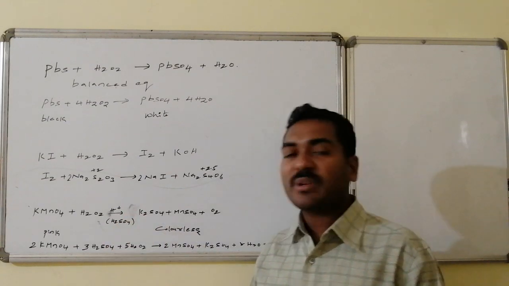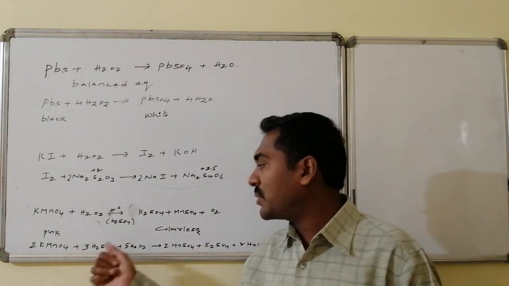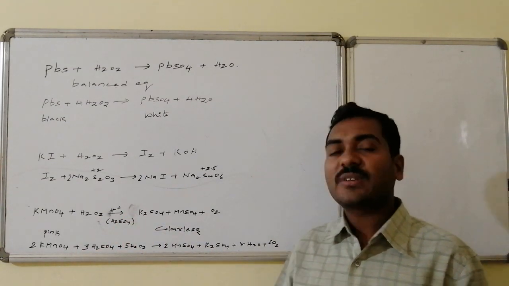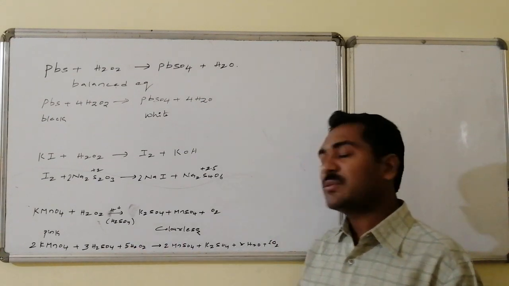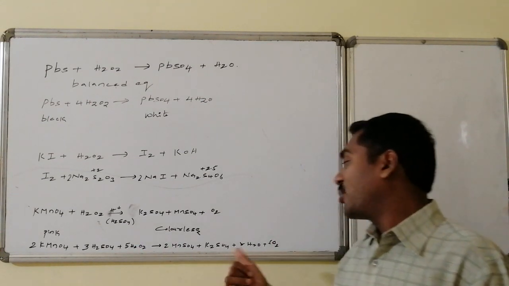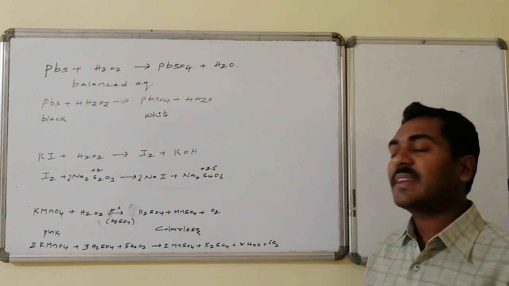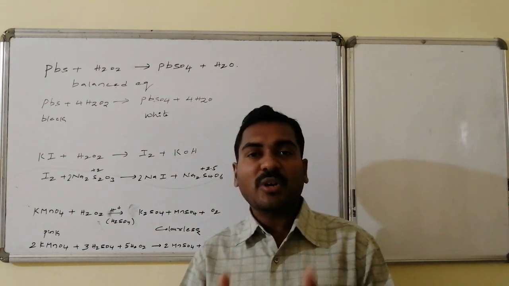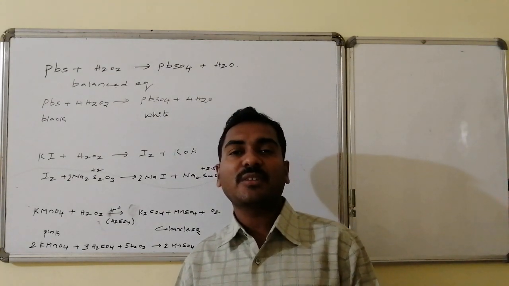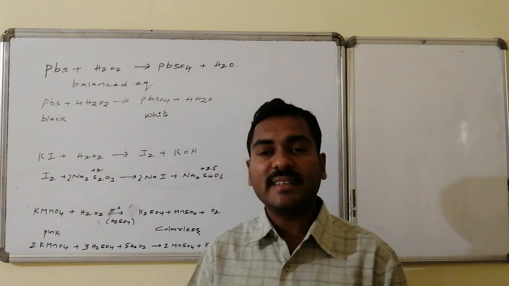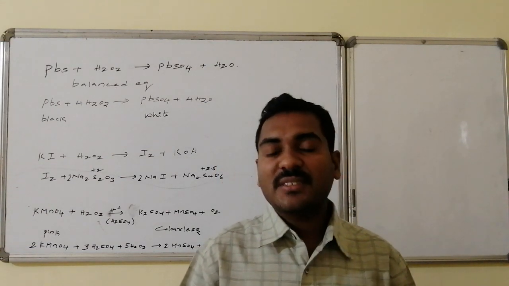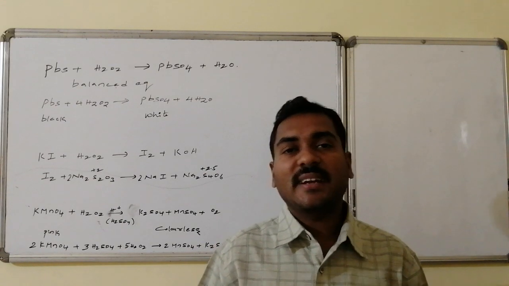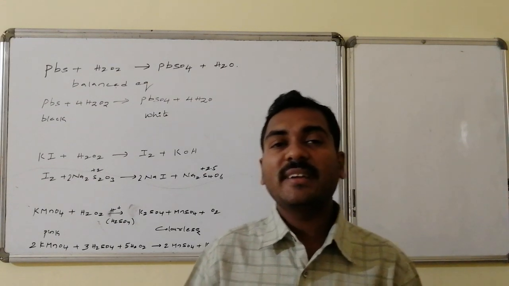That occurs in an acidic medium, that is KMnO4 plus hydrogen peroxide followed by sulfuric acid gives manganese sulfate, potassium sulfate, oxygen as well as water. The purple, otherwise pink, color of the potassium permanganate disappears. That disappearance is due to hydrogen peroxide and the amount of hydrogen peroxide can be estimated.